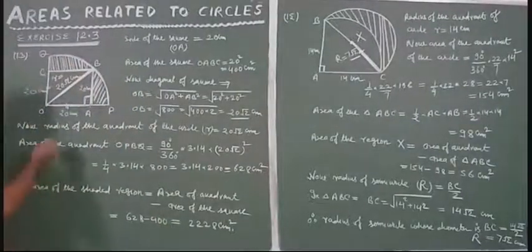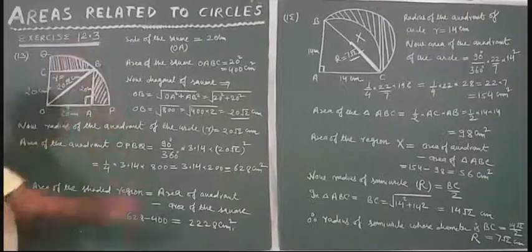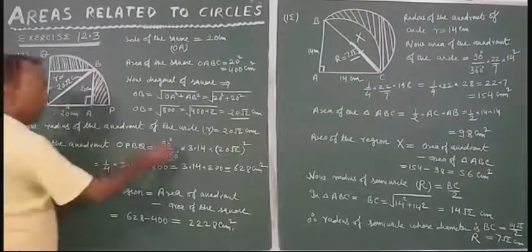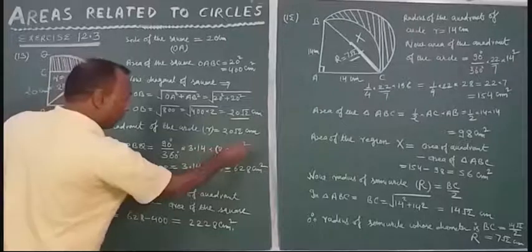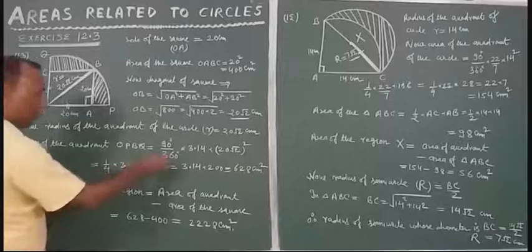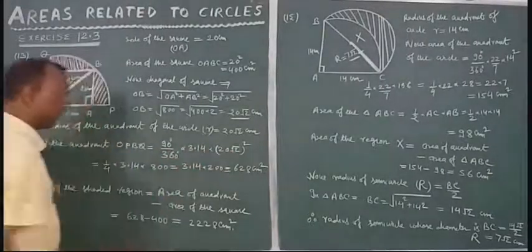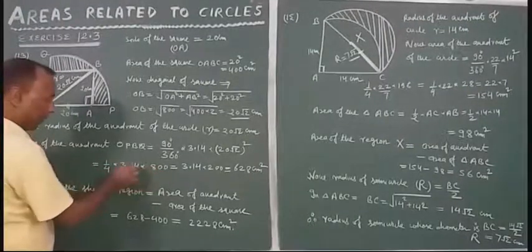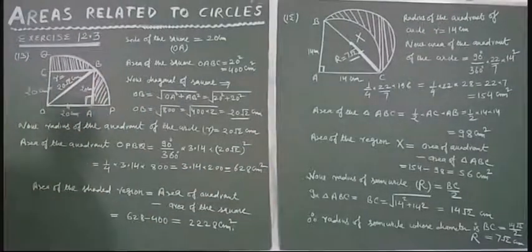So now the area of the quadrant OPBQ will be 90 degree upon 360 into pi, given as 3.14, into 20 under root 2 square. 90 upon 360 is 1 upon 4 into 3.14, and this 20 under root 2 square is 800. When you solve this, 2 into 200, and this will be 628 centimeter square.